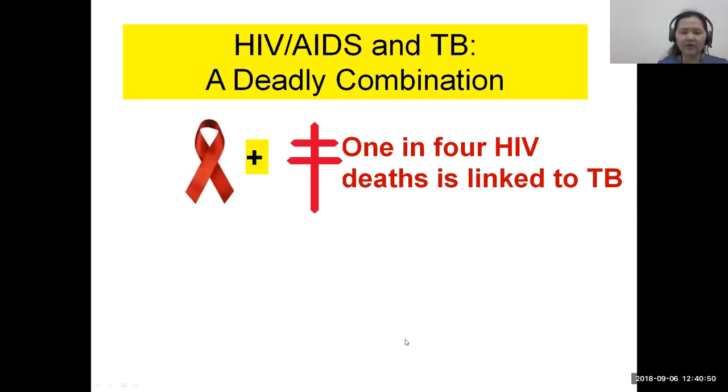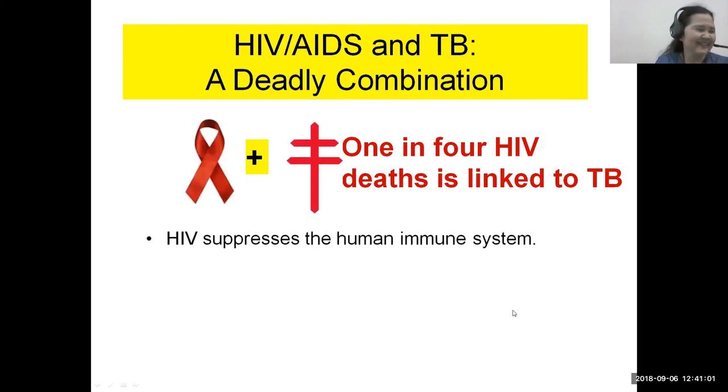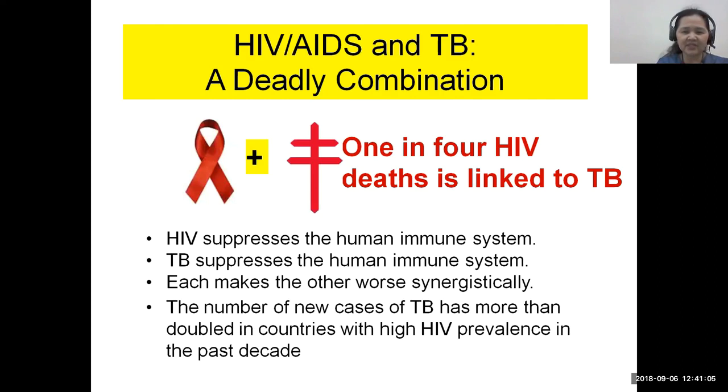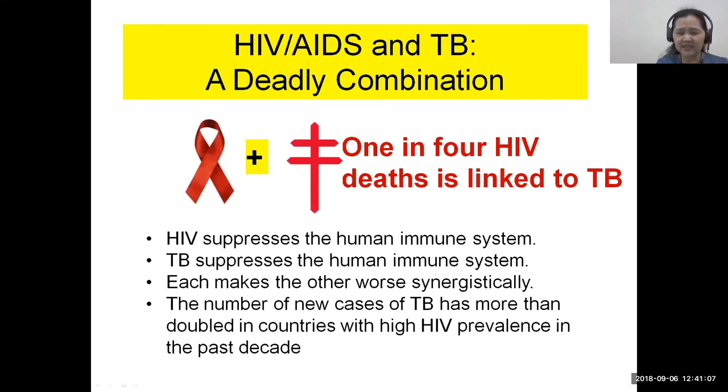Okay. So, just a side note, yung HIV and TB talagang sobrang deadly. Next, paki-press Kate, sorry, na-animate ko pala to. Yan. So, HIV suppresses human immune system, TB suppresses the immune system also, and synergistically talaga, when they happen together, the risk of death is very high.